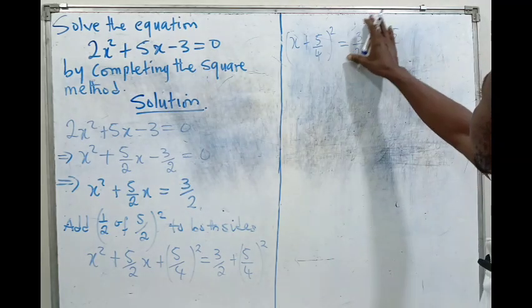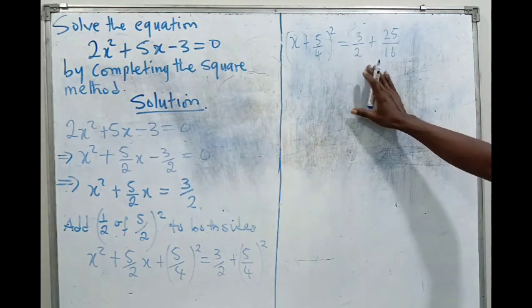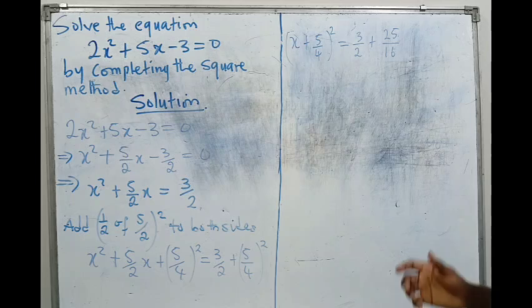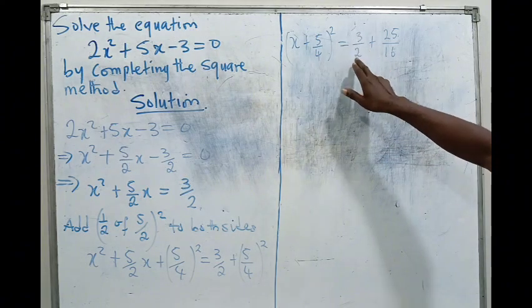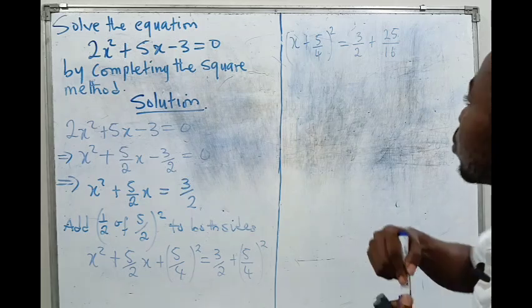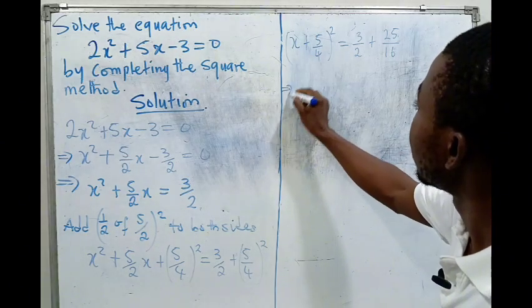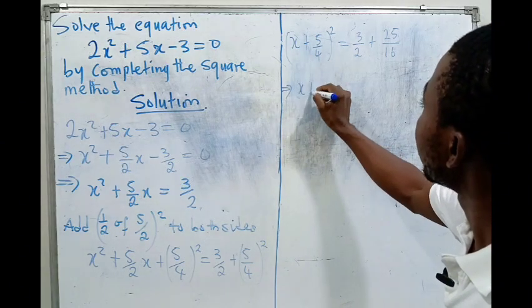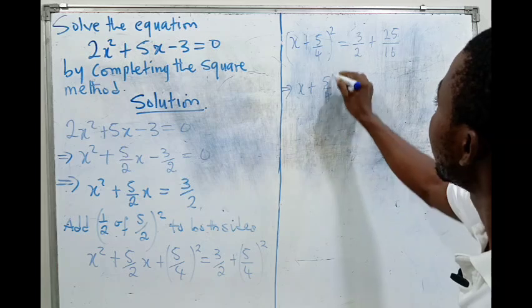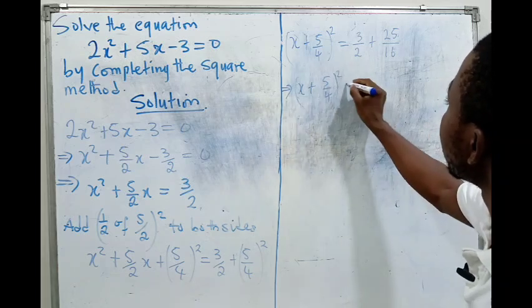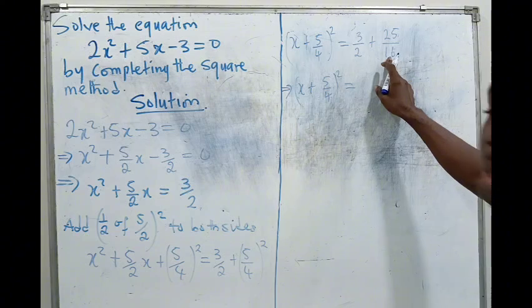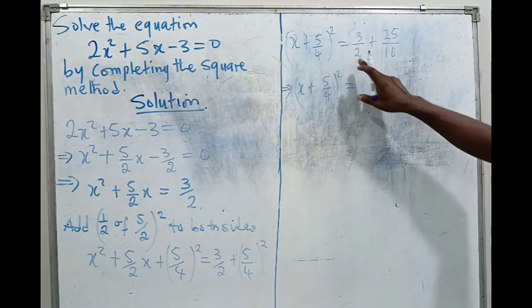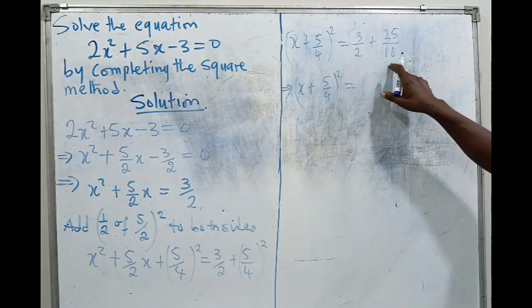Now the right hand side is a normal fraction in arithmetic, which is pretty simple to solve. You take the LCM of the denominators. So we have x plus 5 over 4 all squared is equal to, the LCM is 16. Since the LCM is 16, how many times does 2 divide 16?